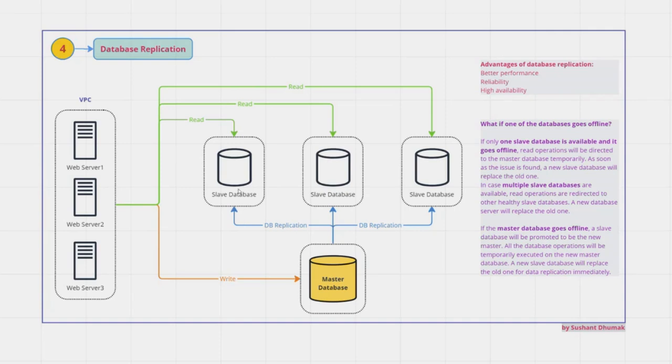And the last thing is what happens if the master database goes down. One strategy that is usually followed is that a slave database will be promoted as the master database, and all the write requests will go to that new master database, which earlier worked as a slave database.